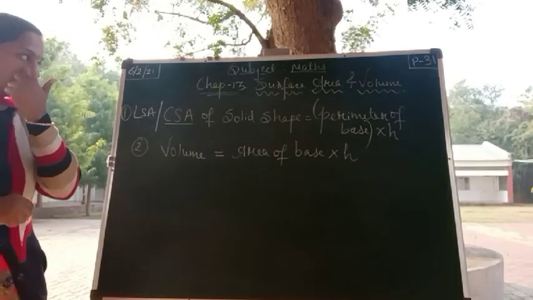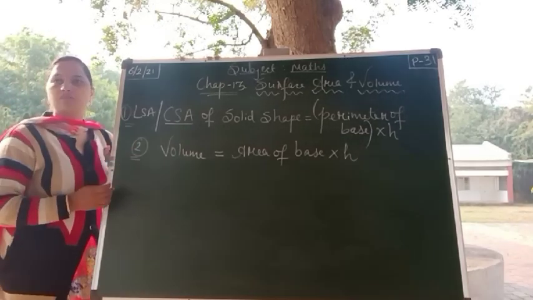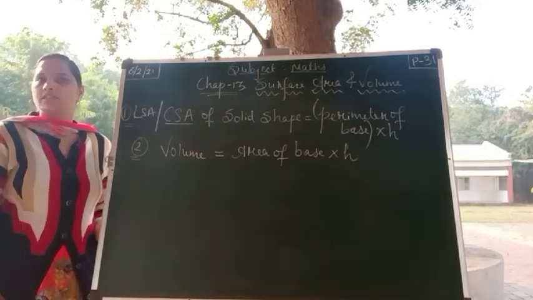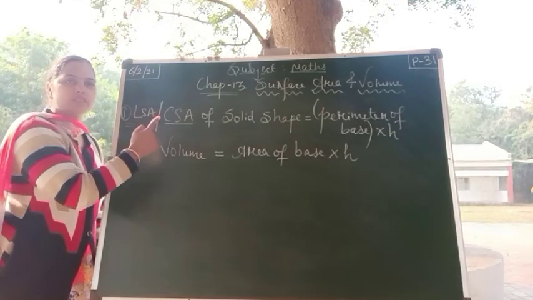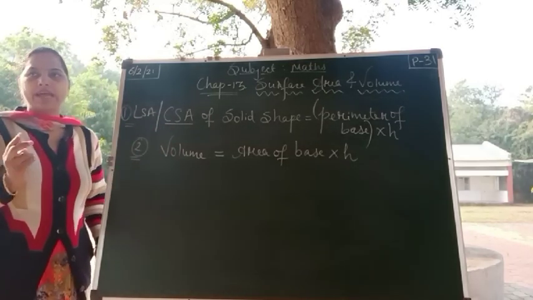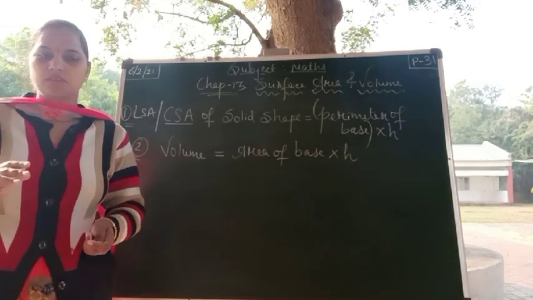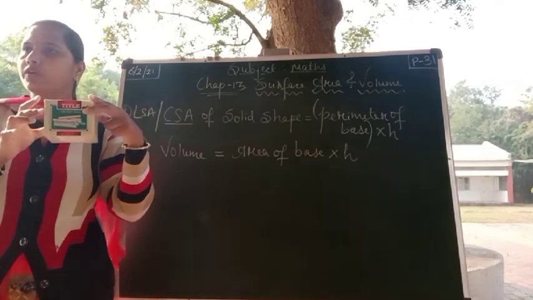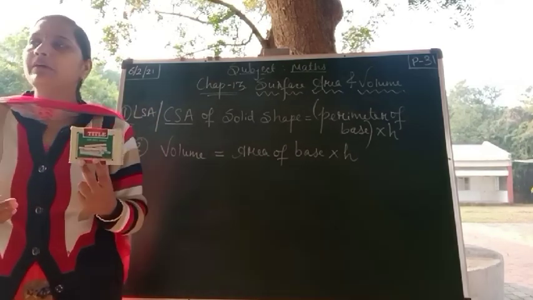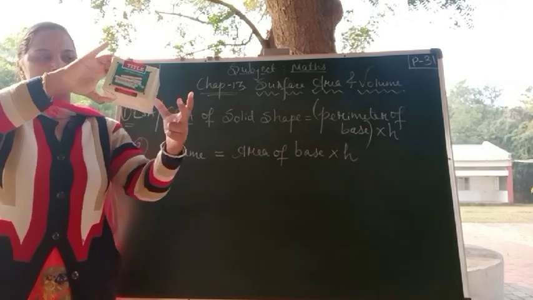Okay? So first of all, we will take help of these 2 formulae to derive the formulae for the curved surface area, total surface area and volume. This is lateral surface area or curved surface area. Lateral surface area means what? If I am having this solid shape, there are how many surfaces?